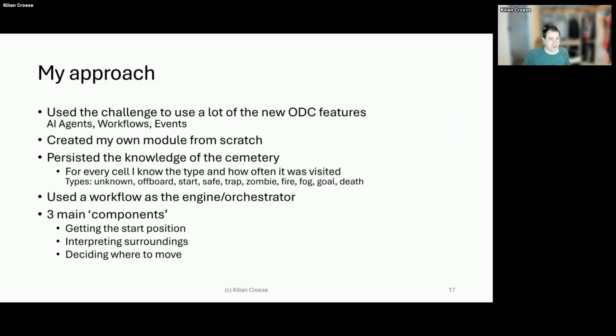So I used the workflow feature as my beating heart and central engine or orchestrator. I will show that a little bit further on. And there were, I think, three main components. I was looking for a better word than components, but parts could also be used here. It was first getting the starting position. So when you start a run for a certain cemetery, you will always start at the same position.